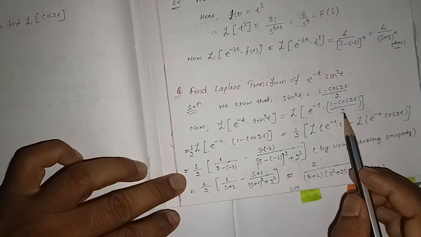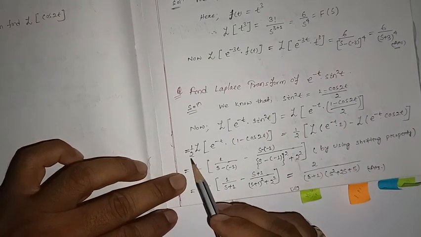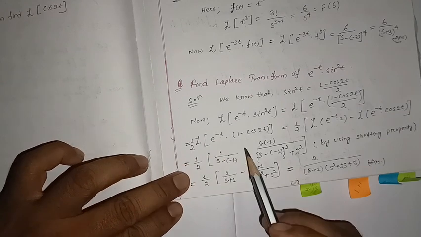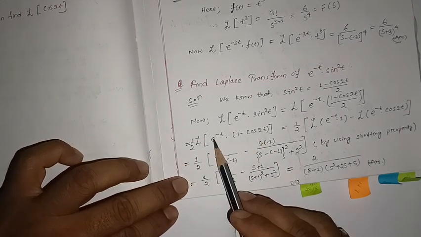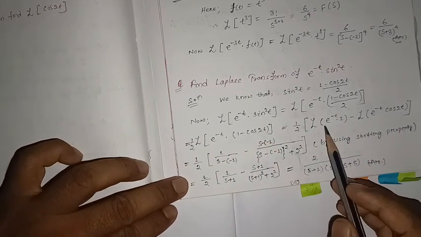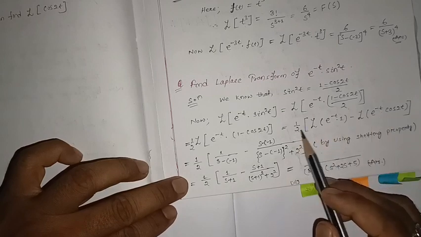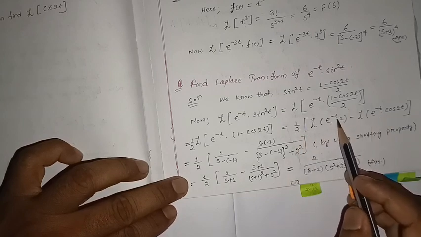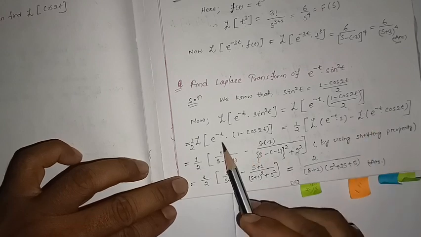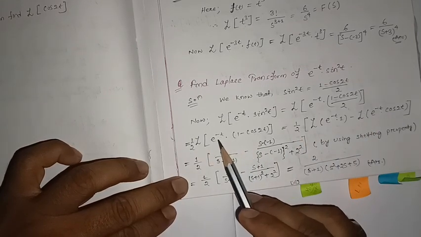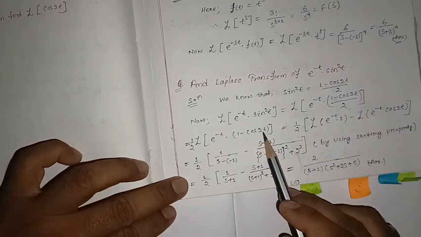Here this 2 is a constant, it can be taken outside: 1 by 2 Laplace transform of e to the power minus t into (1 minus cos 2t). If I multiply with these two terms, then we get 1 by 2 Laplace transform of e to the power minus t into 1, minus Laplace transform of e to the power minus t into cos 2t.